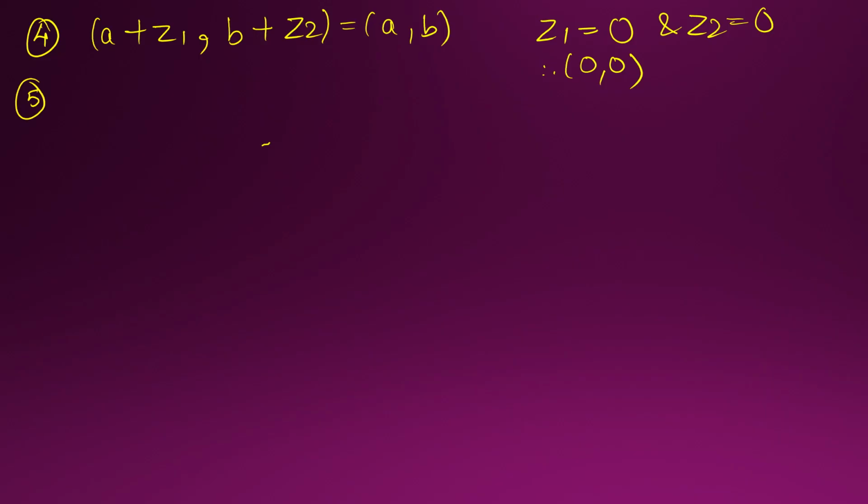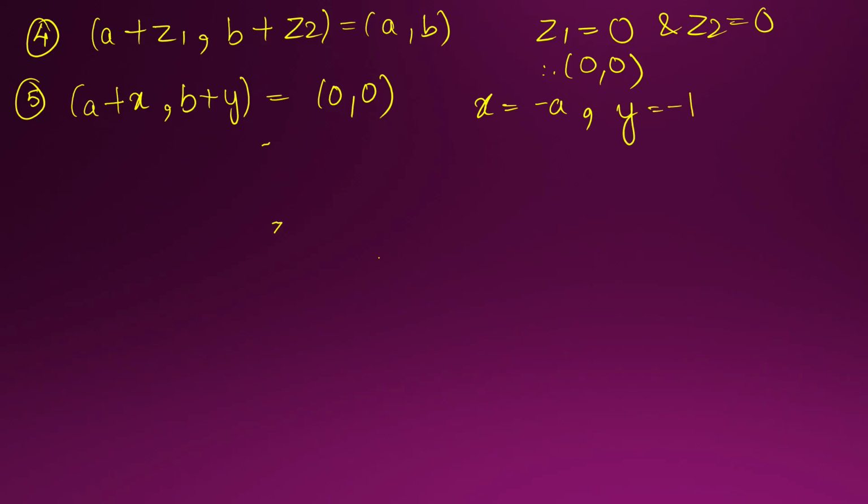Fifth is additive inverse, where we see A plus X comma B plus Y equal to 0 comma 0. It is only possible when X is minus A and Y is minus B, which is minus A comma minus B, and this is the additive inverse of A comma B.